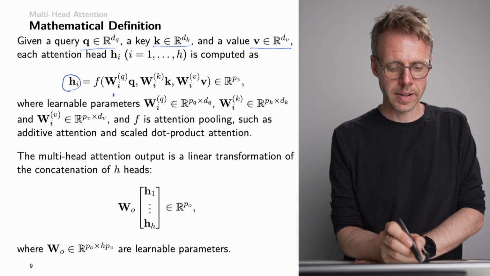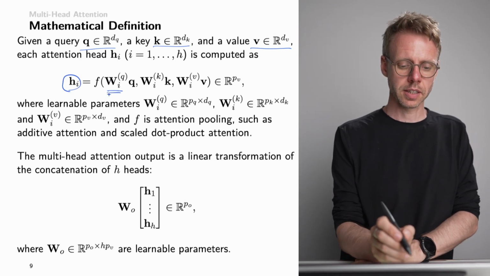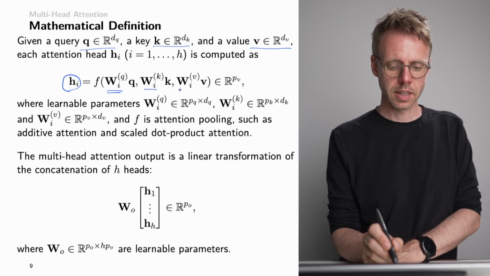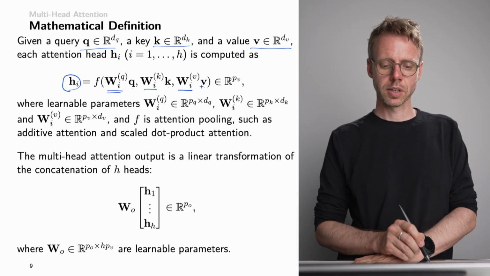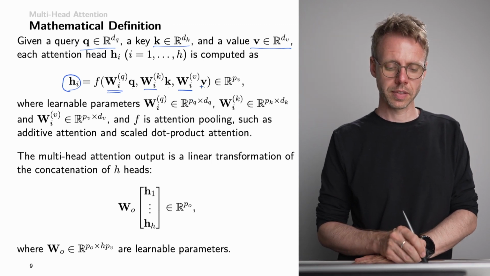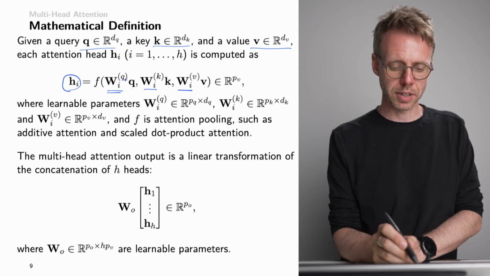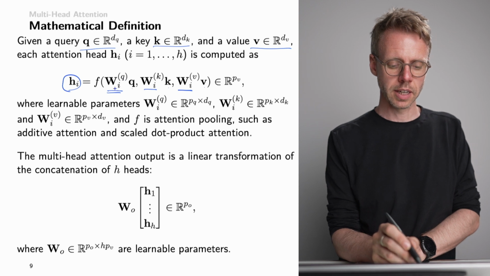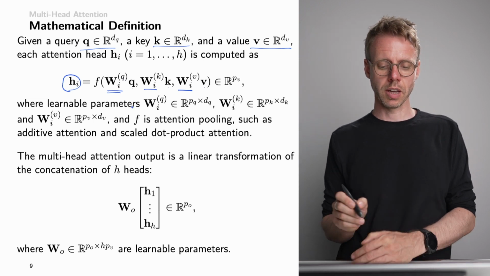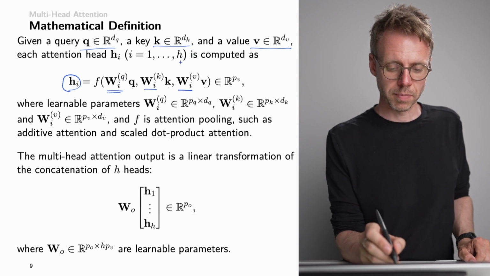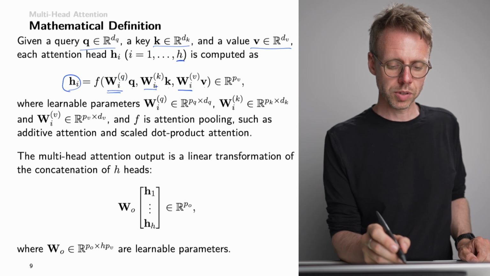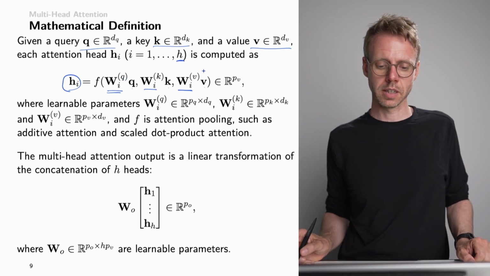It's a function of a weight matrix applied to the queries, a weight matrix applied to the keys, a weight matrix applied to the values. So we call these weight matrices WQ and index them by i, where i is the index of the head. So we have h many of these WQs, WKs, and WVs.